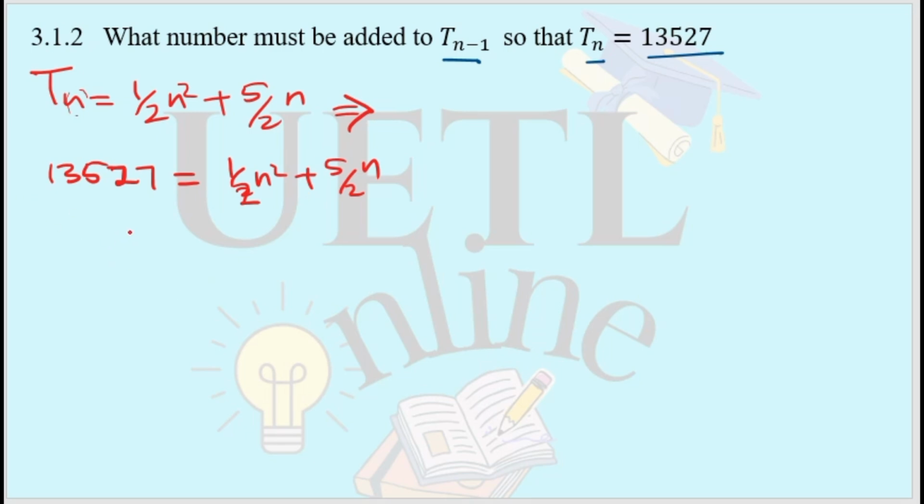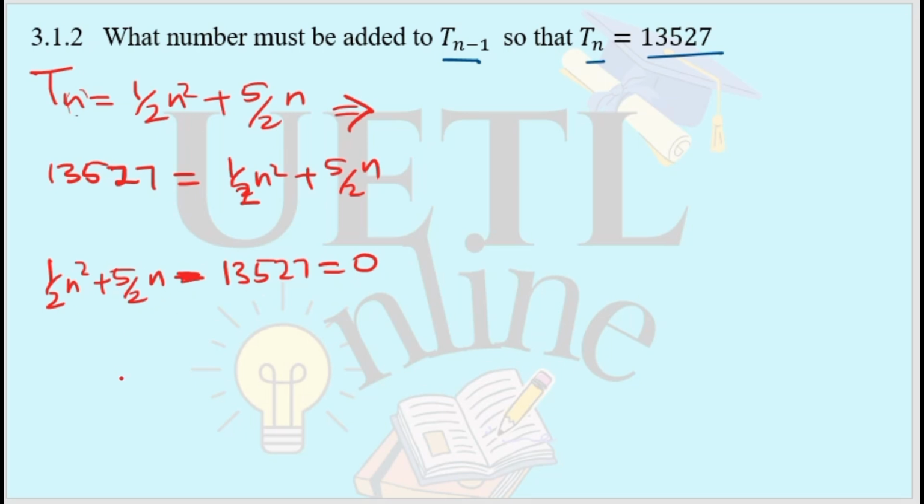So the first thing is let's put everything on one side. It becomes half n squared plus 5 over 2 n minus 13,527 is equals to 0. Now our duty is to make this a quadratic equation.